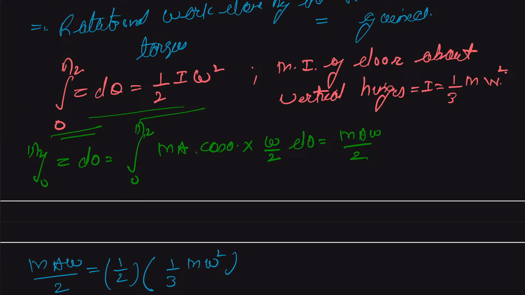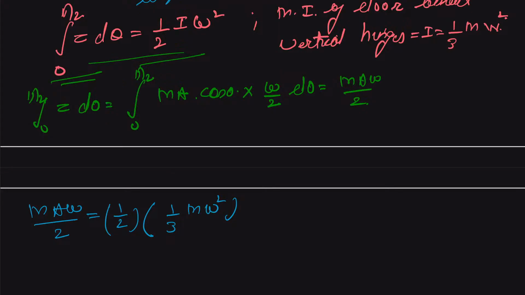This is also W, the width, and here also this is a times width, and we have our omega square.